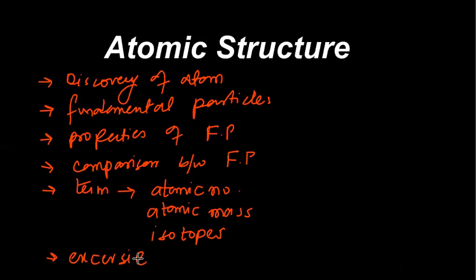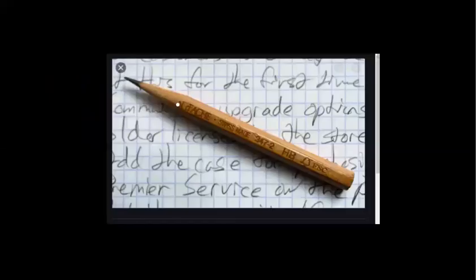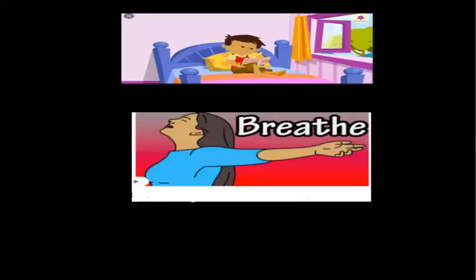Okay, so moving towards the lecture formally, have you ever imagined what everything around you is made up of? This is one of the questions which normally arises in the mind, like the food you eat, the pencil you use to write, the paper, the book you read, the windows, the curtains, the air you breathe in.